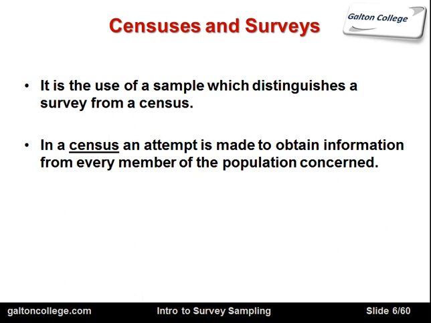It doesn't have to be people. It could be items on a production line. Instead of taking a sample to assess the quality of the output, a census would be when every item of output is checked. So a census is when everything is checked. A survey, only some, and they are selected systematically.